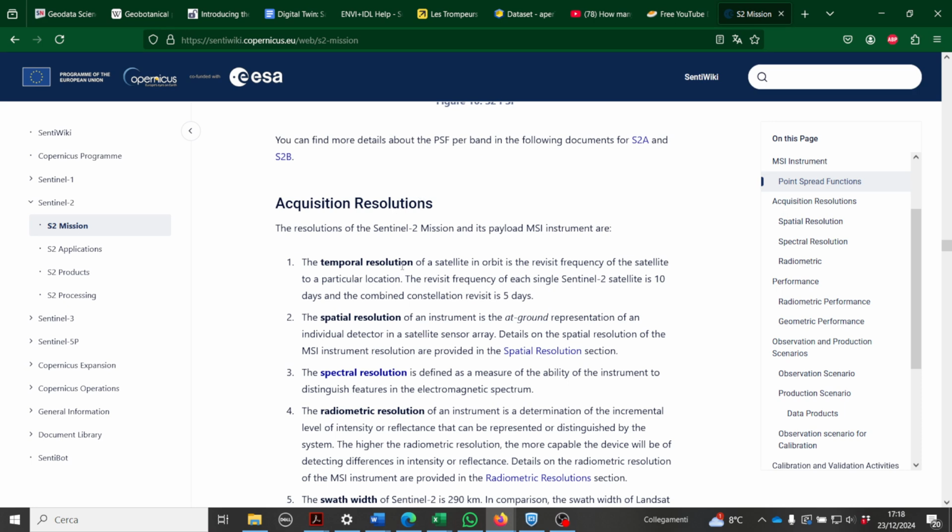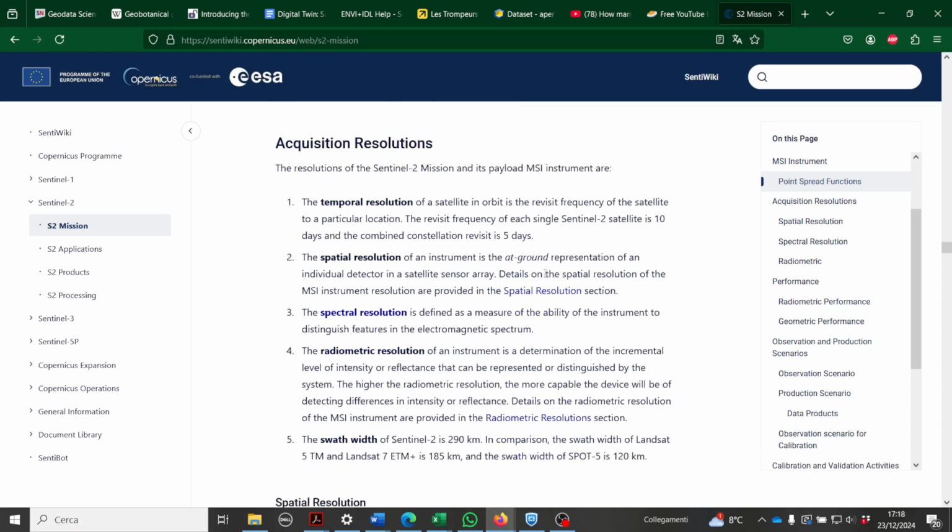From the temporal point of view, the temporal resolution is around 10 days for every single satellite. Considering that we have a couple of satellites, this revisit time is reduced to 5 days. So every 5 days we can theoretically have an image over the same area.